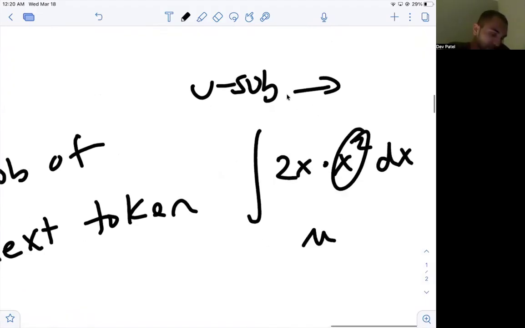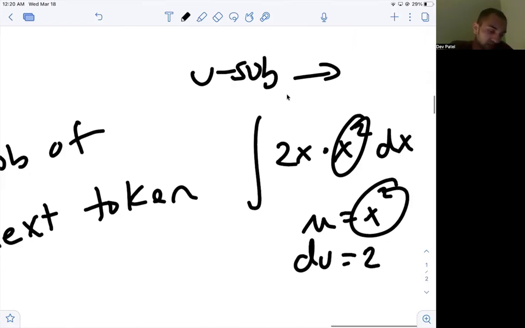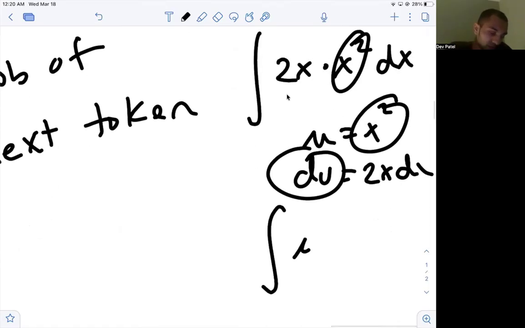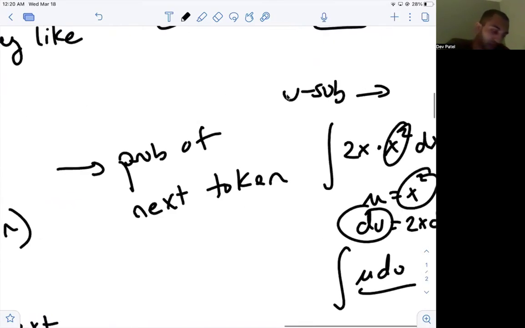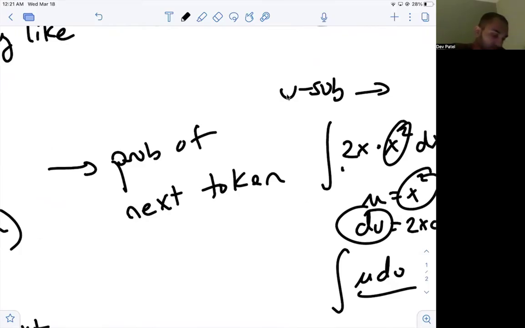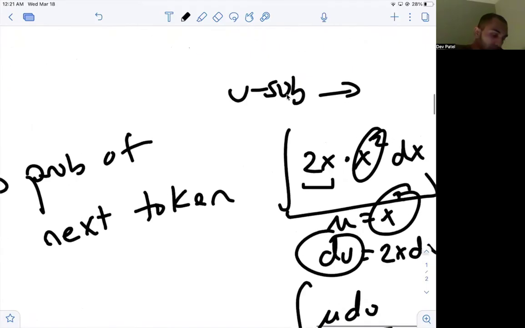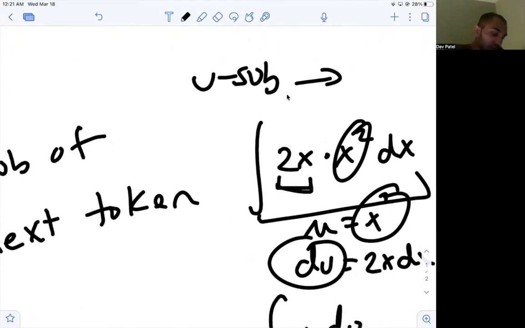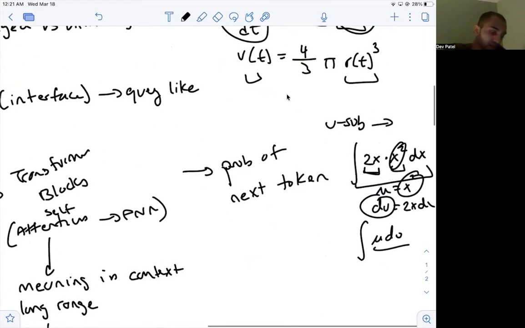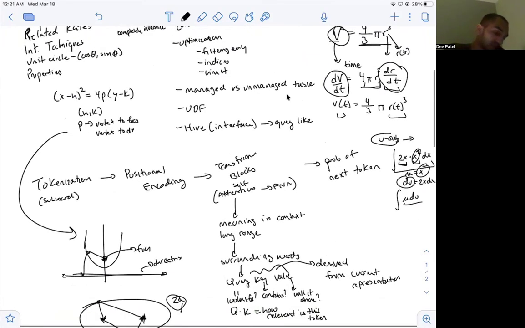Our u can be x squared, and that derivative is actually already 2x dx. So it's just the integral of u du. Anytime you have the result of the derivative of the u that you are proposing in the integral itself, then you have u-sub.